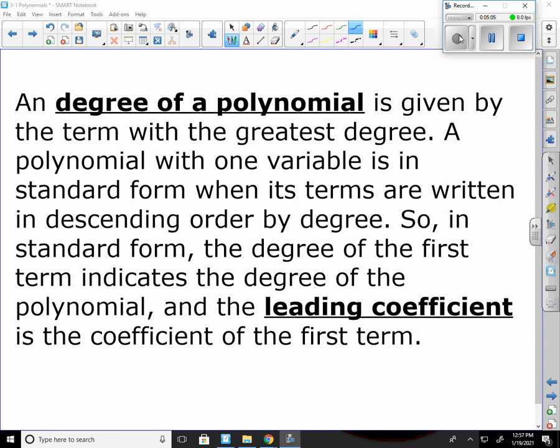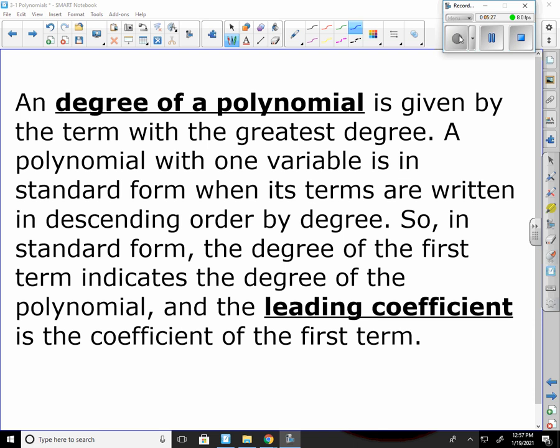The degree of a polynomial is given by the term with the greatest degree. So if we have multiple terms, we're looking for the one with the greatest degree. A polynomial with one variable is in standard form when its terms are written in descending order by degree.